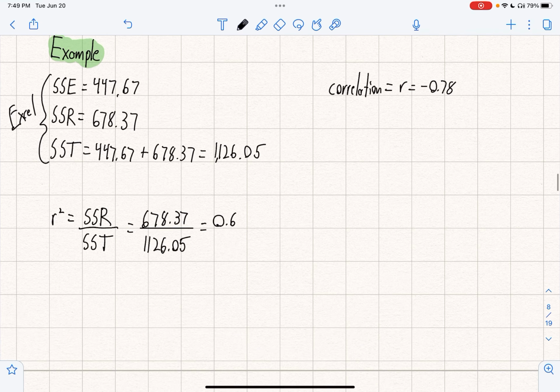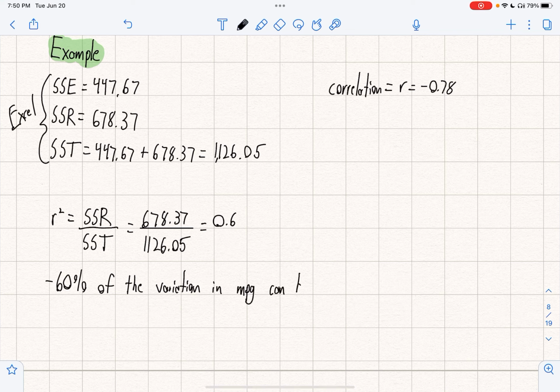So how would we interpret this? We would say 60% of the variation in, recall our y variable here, miles per gallon, can be explained by horsepower.